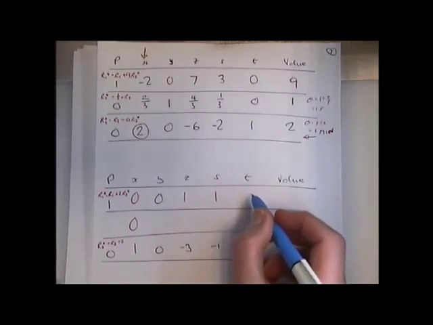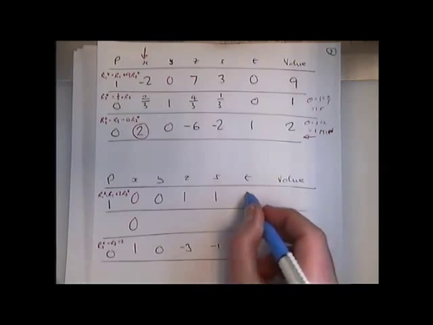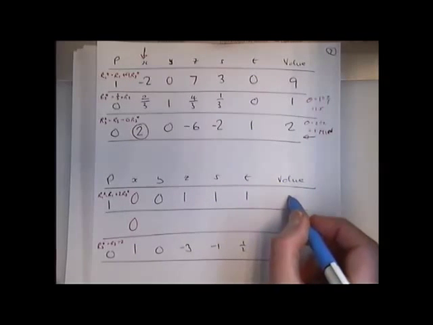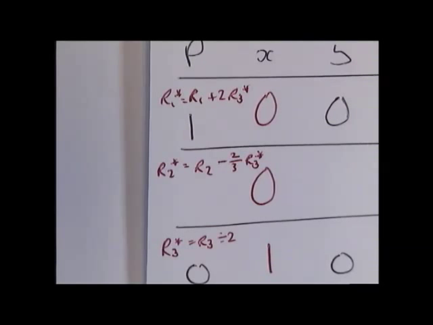And we can just keep going along here. I'm not going to talk through everything else here. I want you to just get that next row done yourselves. Okay? For this one, the new row 2 is old row 2, take away 2/3 of new row 3.